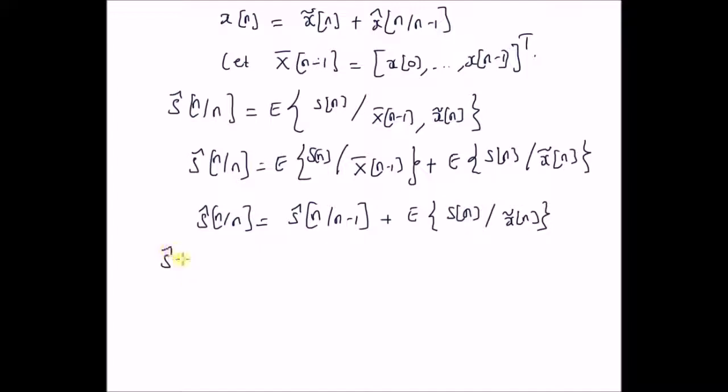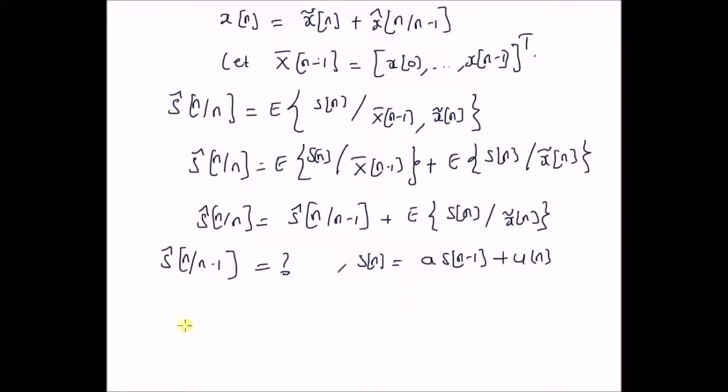Now we have to determine both the terms. So let us look at the first term, s hat of n given n minus 1. We know that the scalar state model is given by s of n equal to a times s of n minus 1, that is the previous state, plus a noise component u of n.